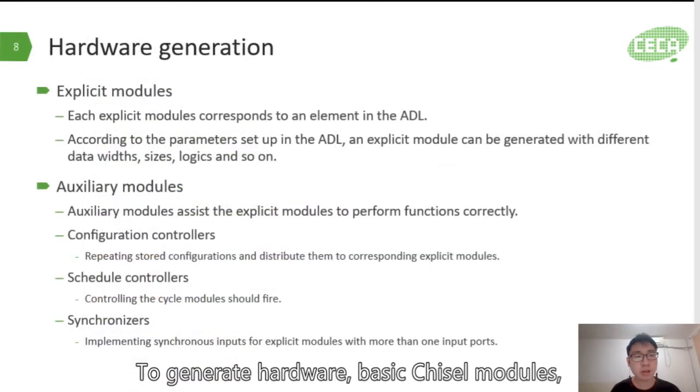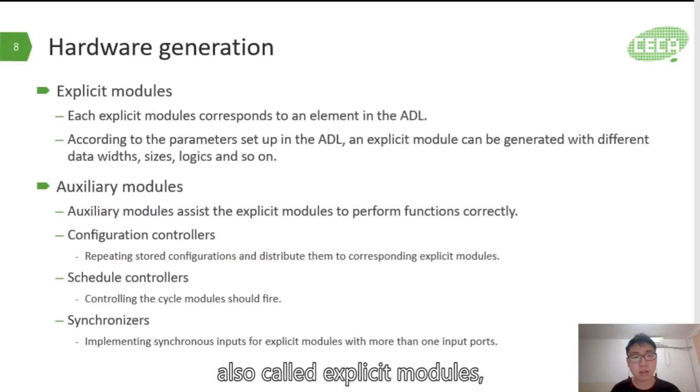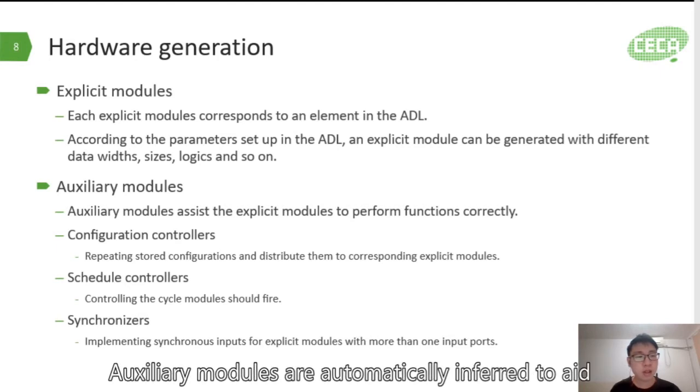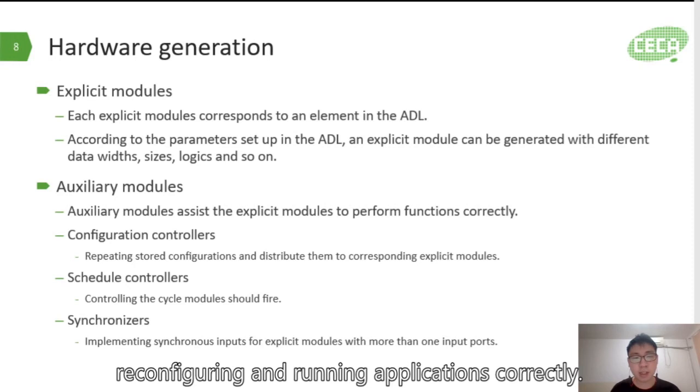To generate hardware, basic Chisel models, also called explicit models, will be generated with the flattened abstract model at first. Auxiliary models are automatically inferred to add reconfiguring and running applications correctly.